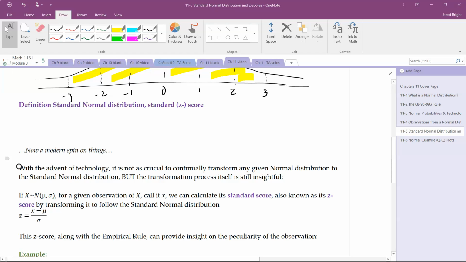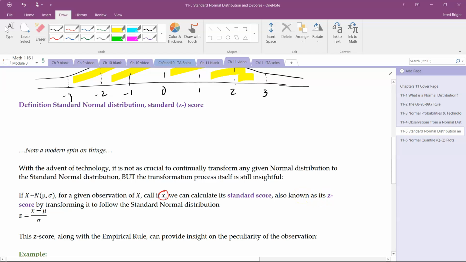But when we do it for a specific value, so again, a little x, not a big X, transforming little x to a little z is done in the same way, but this little z that we get is called a z-score, or a standard score. I think z-score is just quicker to say, so I say z-score.